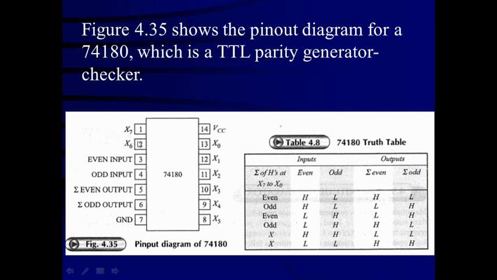Pins number 1, 2, and 8 to 13 will be utilized for x0 to x7 of the original 8-bit number. Here the truth table is given. Pin number 3 is the even input, pin number 4 is the odd input, pin number 5 is the even output, and pin number 6 is the odd output, and how it works is shown in this truth table.